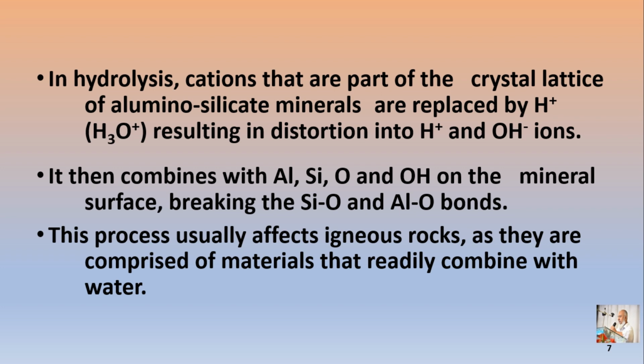It then combines, joins with aluminum, silica, oxygen, OH on the mineral surface, breaking the Si-O bond or Al-O bonds. This process usually affects igneous rocks as they are comprised of materials that readily combine with the water.